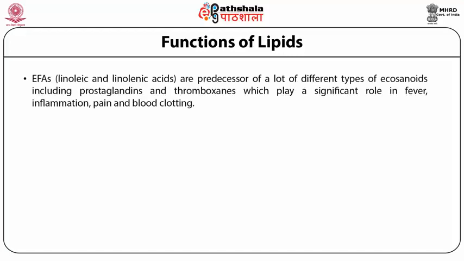The essential fatty acids, for example, linoleic acid and linolenic acids, are the precursors of a lot of different types of eicosanoids, including prostaglandins and thromboxanes, that play a significant role in fever, in pain, in inflammation, and in blood clotting process.